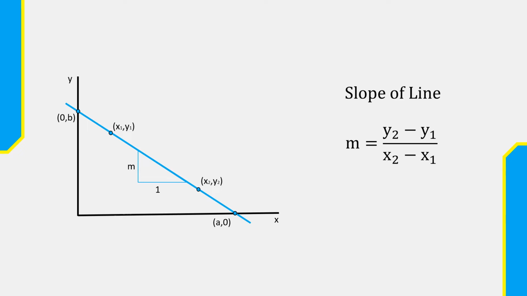It's important to keep in mind that it does not matter which coordinate you assign to x2, y2 and x1, y1, but it does matter that you are consistent with the location of these values in the equation.